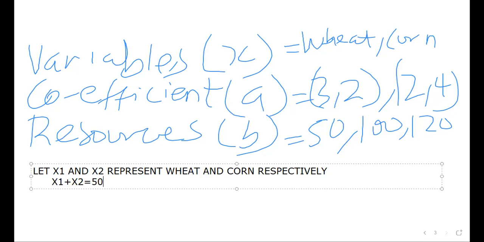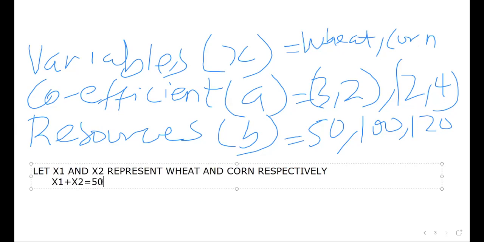We are representing wheat and corn by x1 and x2, and we have to plant wheat and corn on 50 acres of land. That's why it is represented like this. Are you okay now? Yes, I am.